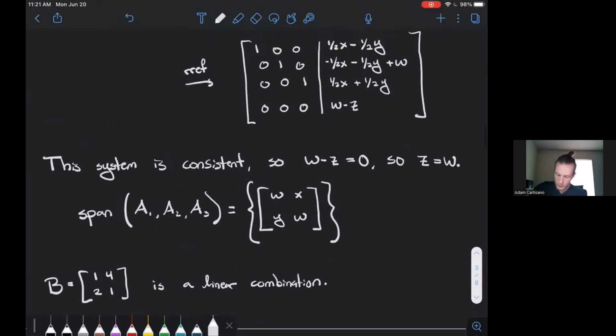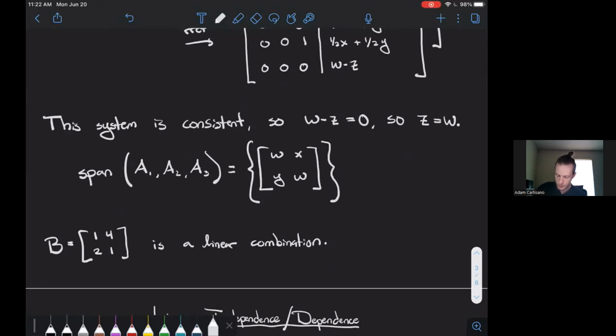And if we had our hands on this matrix, we could have just plugged in W, X, and Y into those top three expressions to extract the coefficients. You can go ahead and do that if you'd like. It's going to feel a little bit repetitive, but that will tell you exactly what coefficients you need in order to write B as a linear combination of A1, A2, and A3.